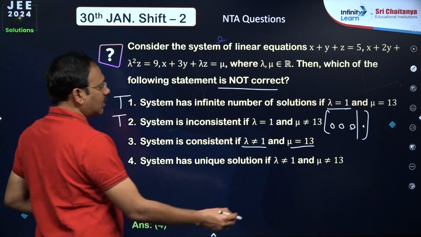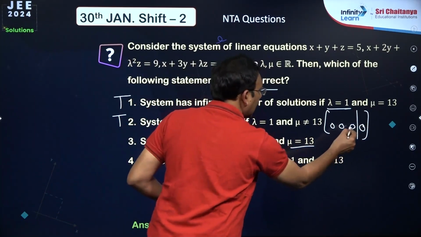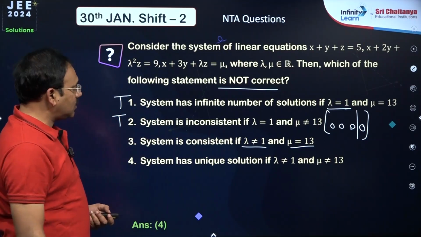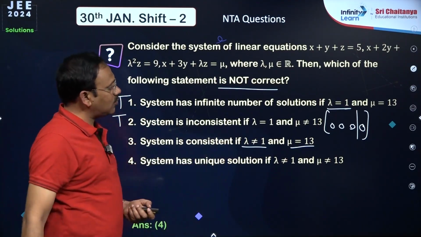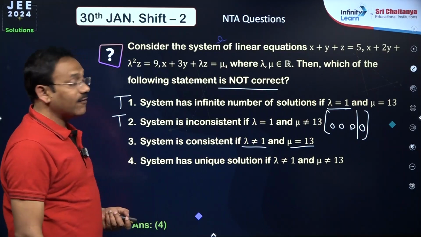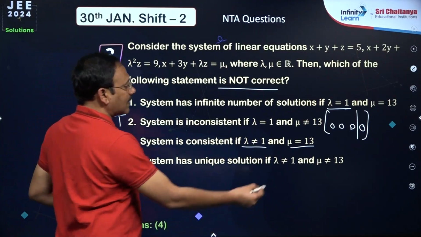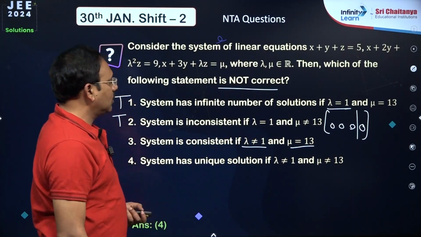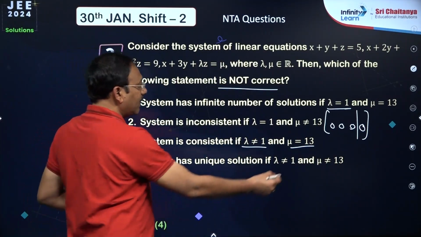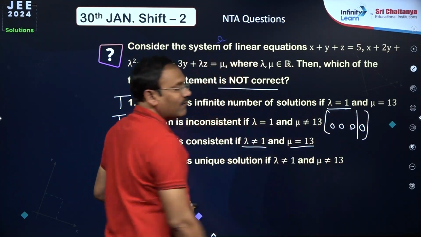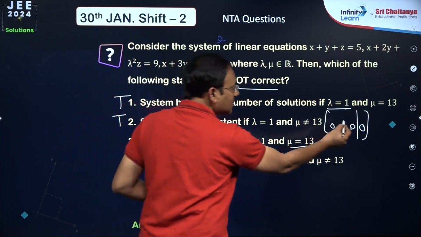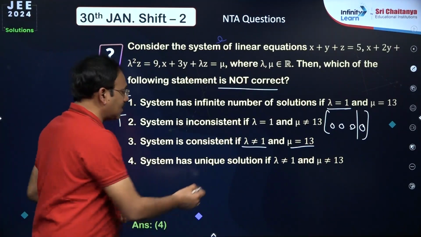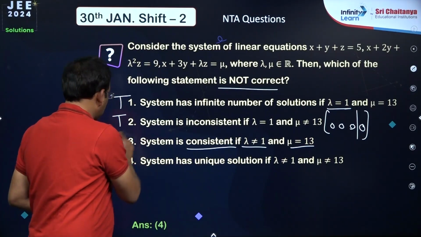If mu is equal to 13, you will get 0 here, and if lambda not equal to 1, this can be 0 or non-zero. If this is 0, you will have infinitely many solutions. If this is non-zero, you will have a unique solution. In both the cases, we say that the system is consistent. So, this is also true.